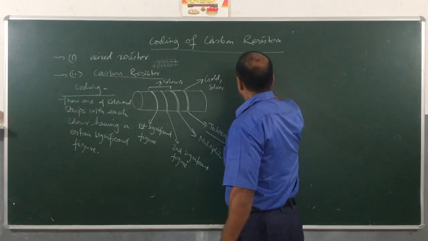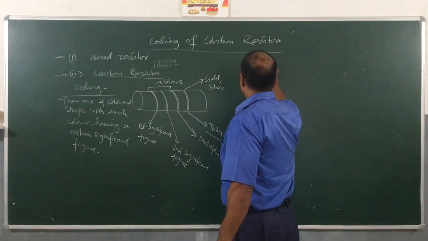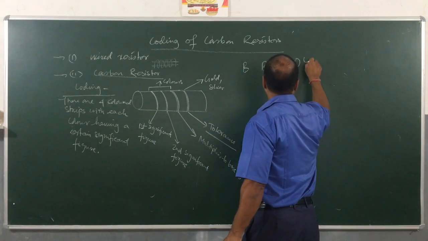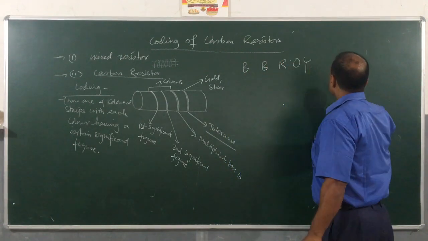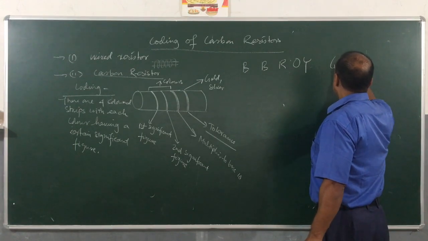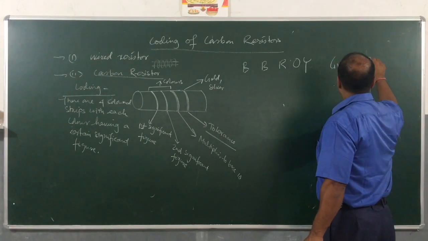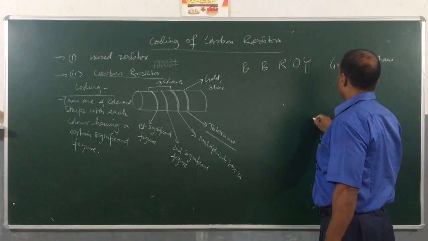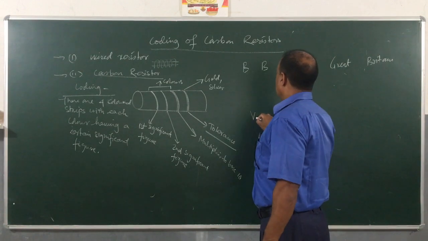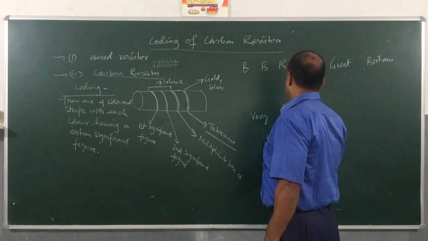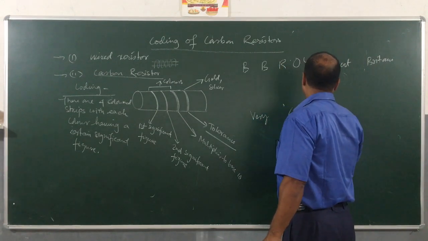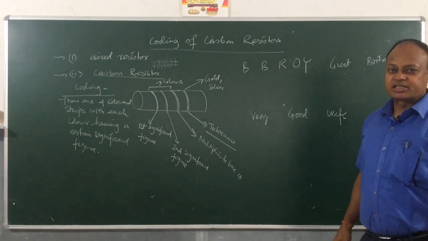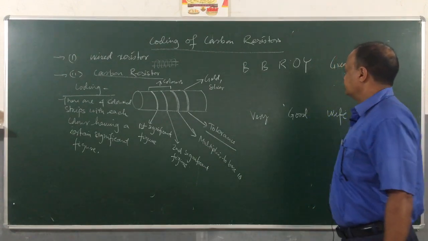So you will learn this trick: BB Roy, Great Britain, very good wife. This is a trick to remember which color gives which significant figure.